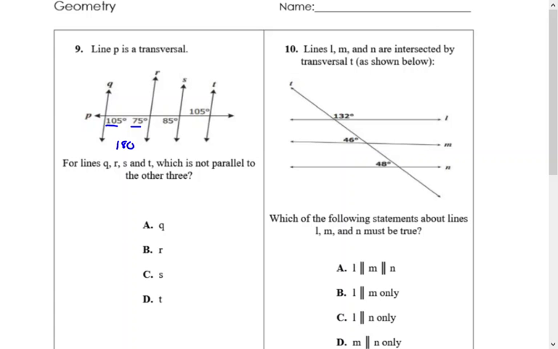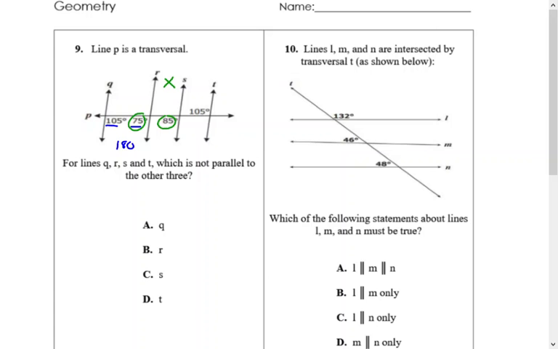What about R and S? If we were to compare R and S, we would go off of corresponding angles. We would have 75 and 85. So these two are not parallel. We don't know which one isn't for now.